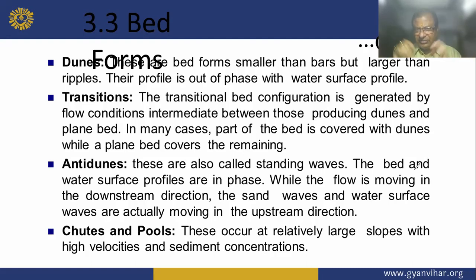The transition bed configuration is generated by the flow condition intermediate between those producing dune and plain bed. In many cases, part of the bed is covered with dune, while a plain bed covers the remaining.